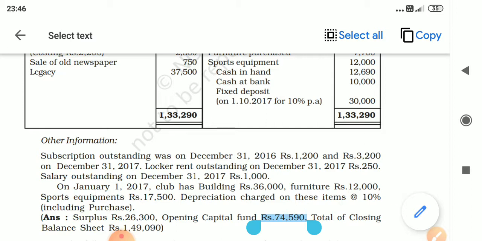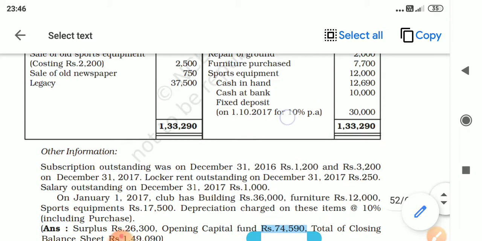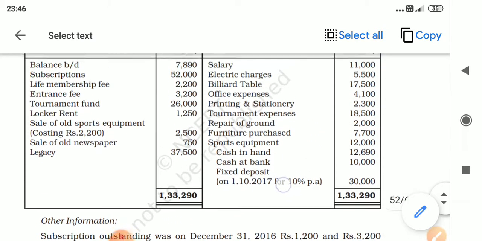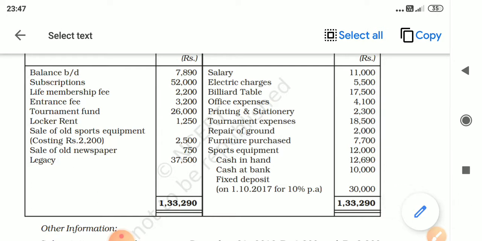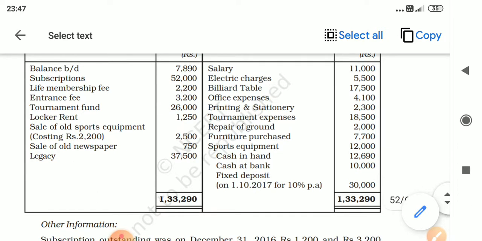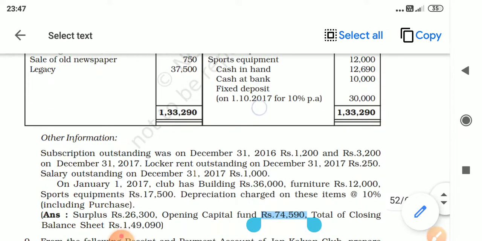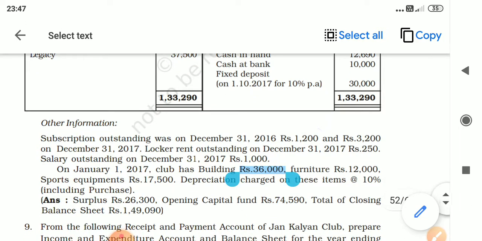Then, have we purchased any building in the current year? Have we purchased any building? No. Have we sold any building? No. So on building we have to calculate depreciation at 10%, 3,600. This 3,600 will appear on the expenditure side of the income and expenditure account.